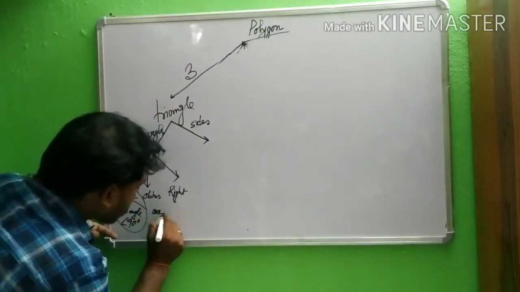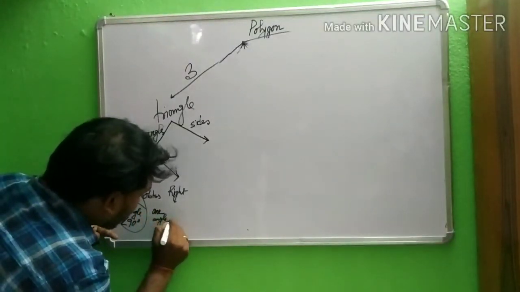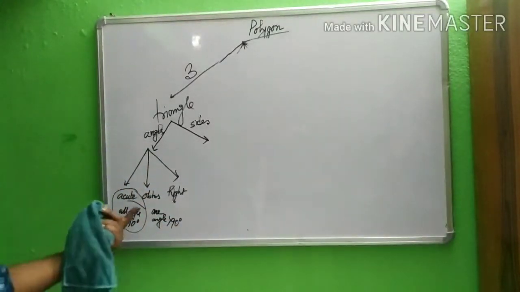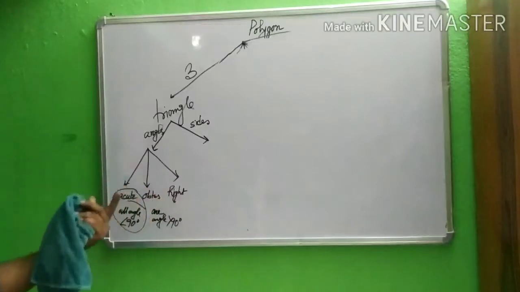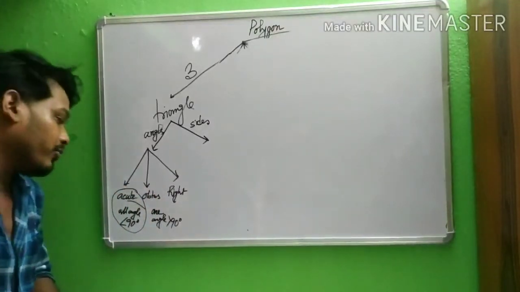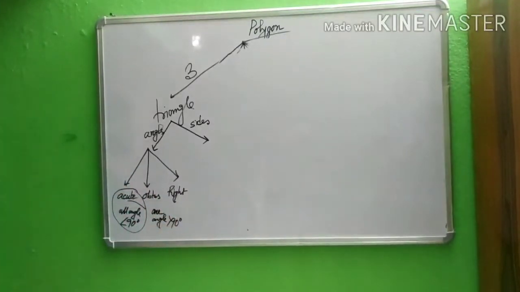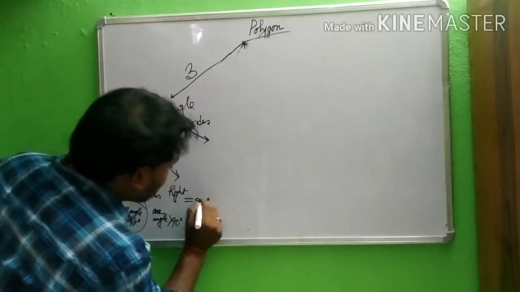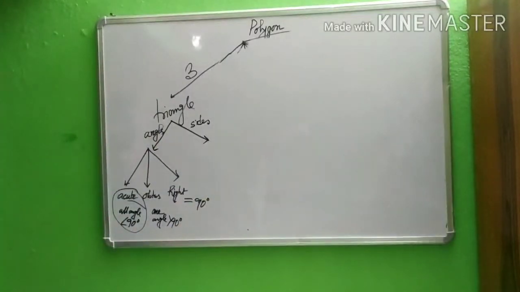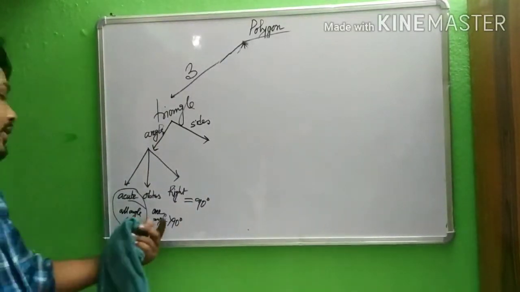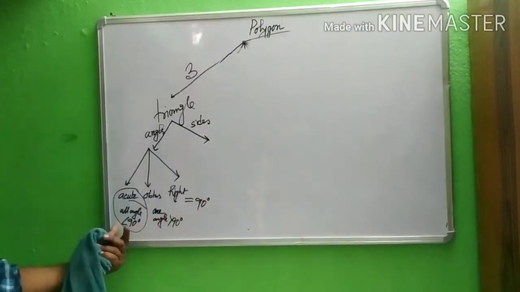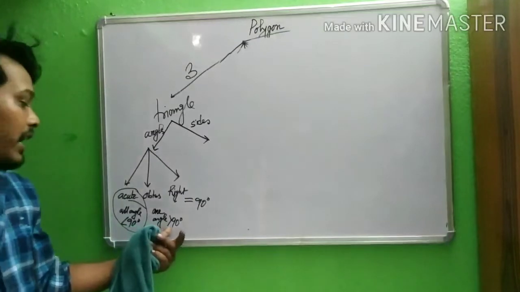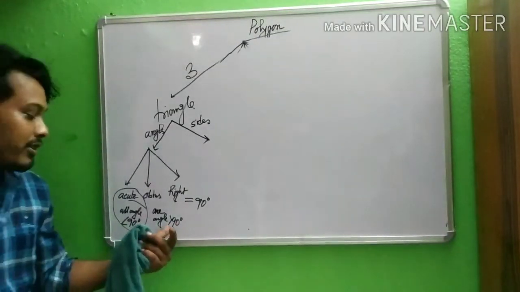One angle greater than 90: obtuse angle triangle, similar definition. An obtuse angle triangle is a triangle whose one angle is greater than 90 degrees, and right angle is equal to 90 degrees. So a right angle triangle is a triangle whose one angle is 90 degrees.